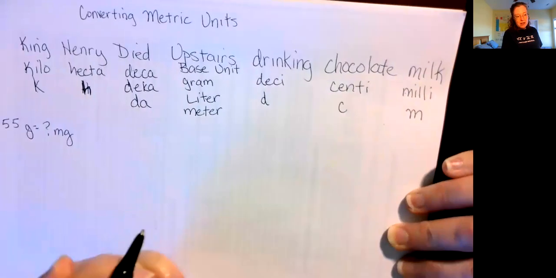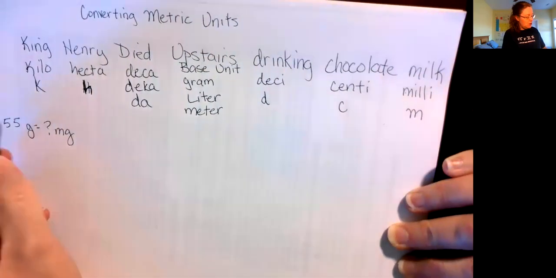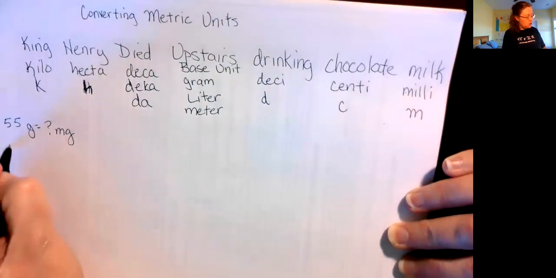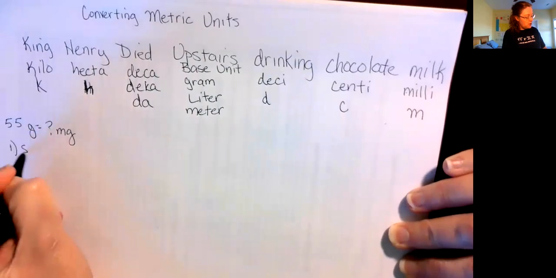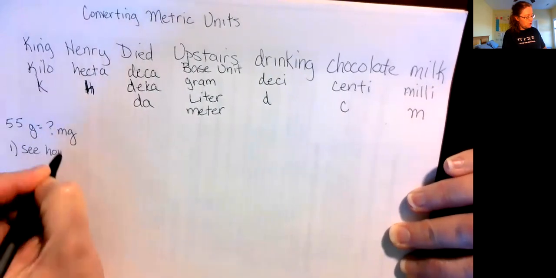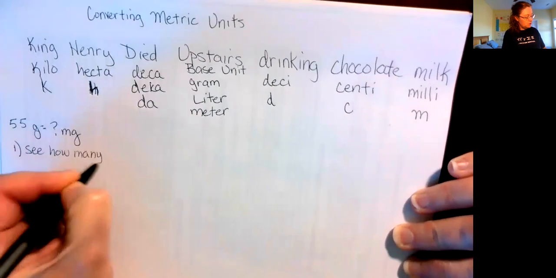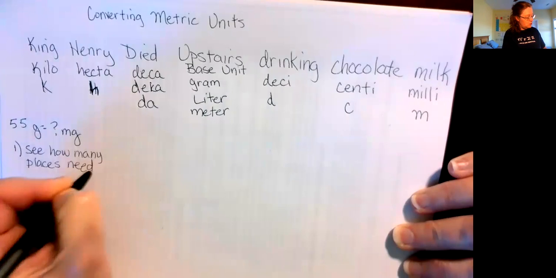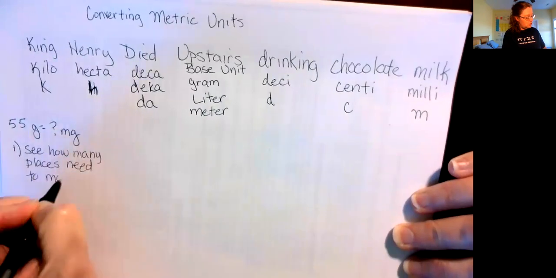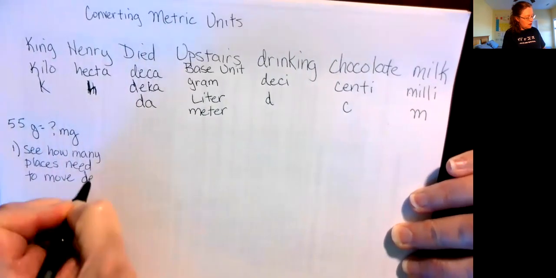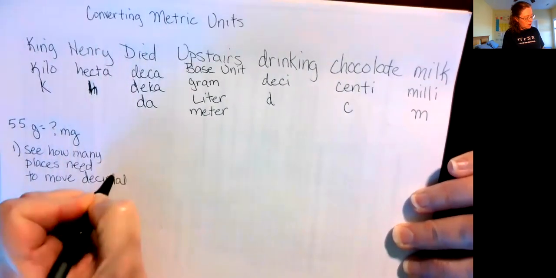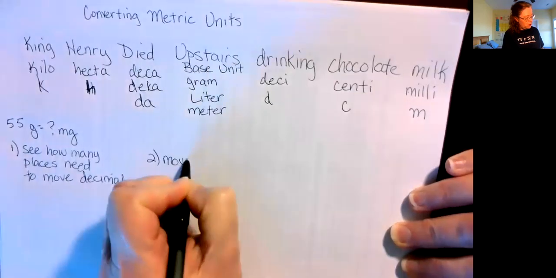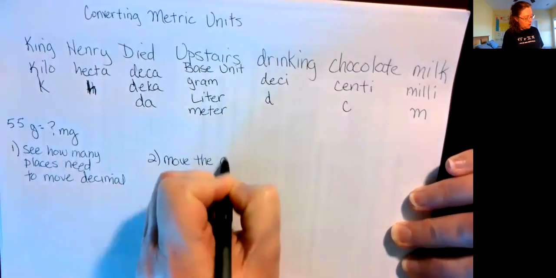The trick is that we can first see how many places to move the decimal. And then second, move the decimal in the number.